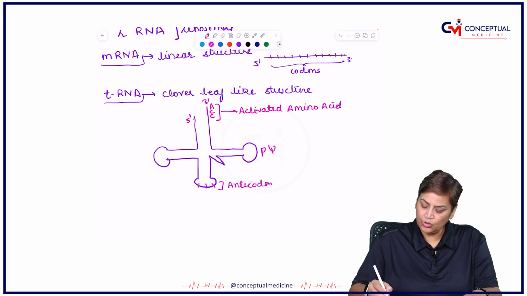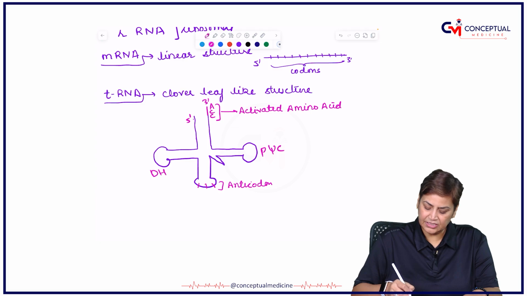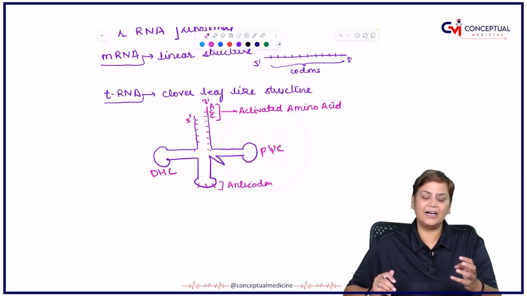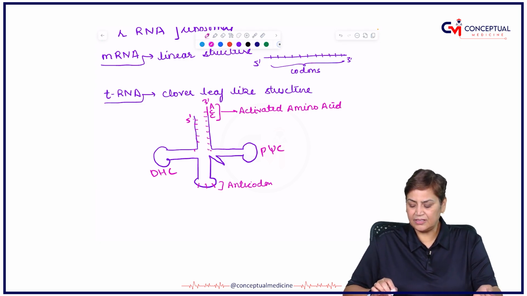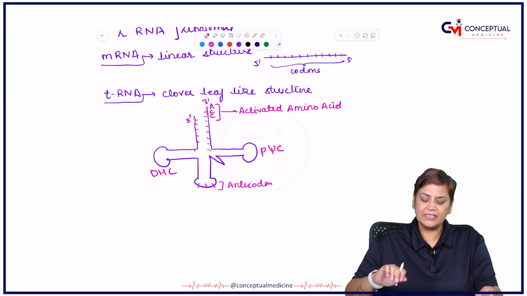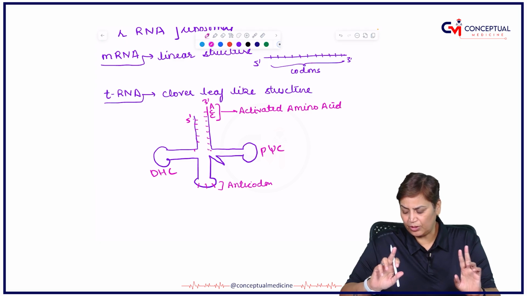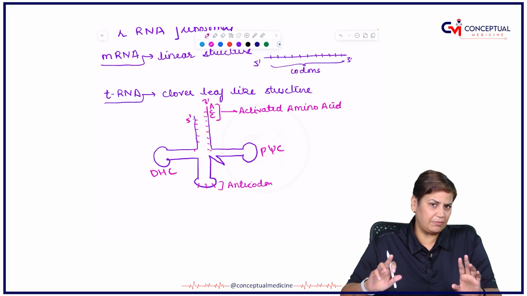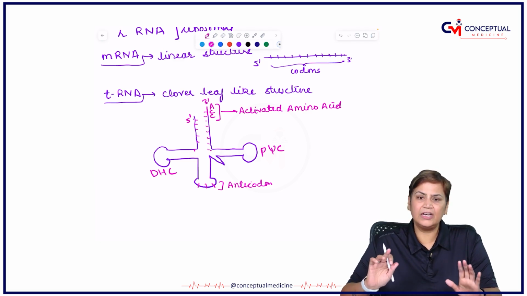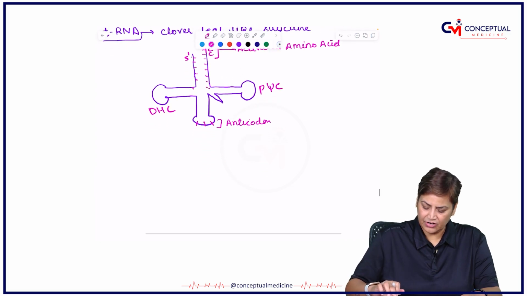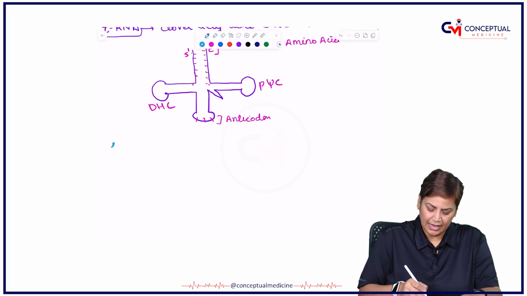This is pseudouridine and this is DHC. This is the structure of transfer RNA, which looks like a leaf. The labile arm is there, the pseudouridine site is there, and there is one enzyme recognition site here. The most important point is that the activated amino acid is at the 3 prime end. Very important. And then the third structure is of ribosomal RNA.